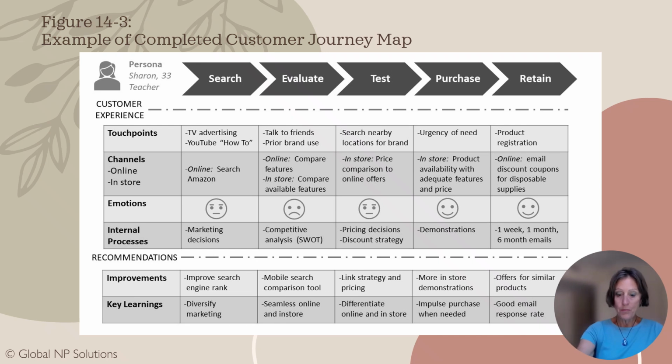In the example, our persona is a young teacher whose coffee maker broke on a Monday morning. She is searching for a replacement, and the customer journey map tracks her experience to search for and purchase a new at-home coffee maker. Based on the experience of this customer, the new product development team can make recommendations for product improvements and other key learnings for the opportunity.